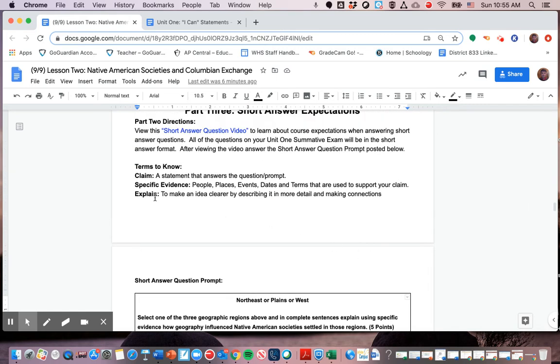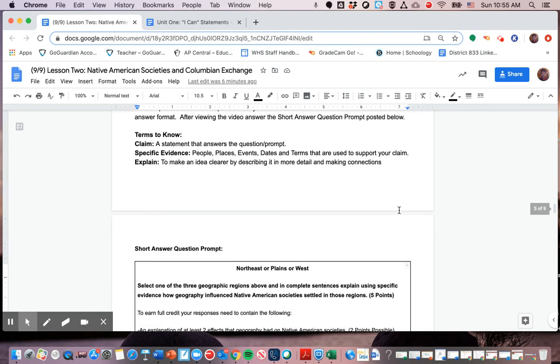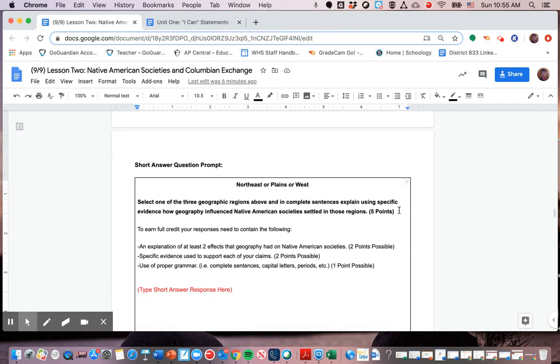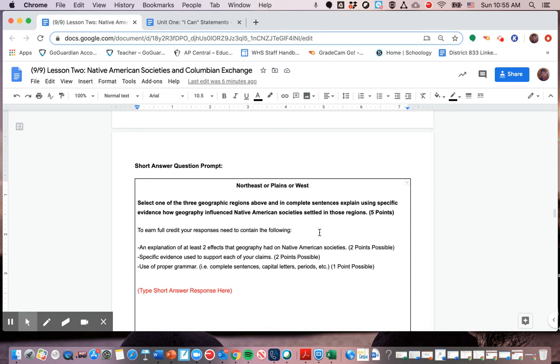And then the other one is to explain, to make an idea clearer by describing it in more detail and making connections with your evidence and your claims together, your responses. So if you were just to list, just state 2 effects that geography had on Native American groups in one of these regions, you're not really explaining it. You need to explain how the geographic features of that region led to this development or this effect.